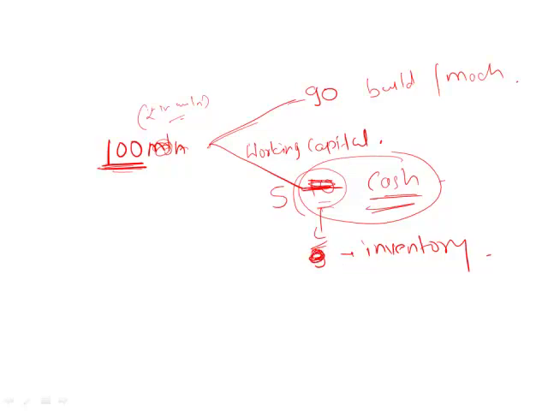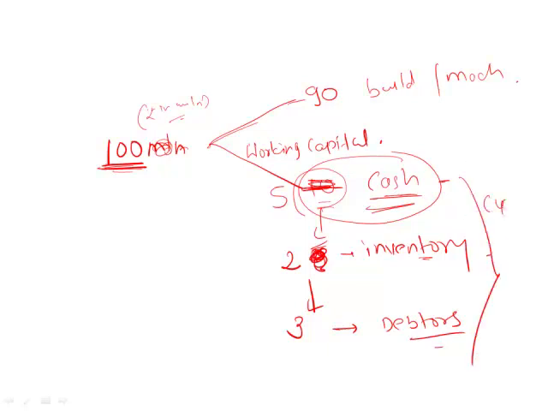So now let's say your inventory is only 2, and you have 3 of debtors now. Why debtors? Because you processed your inventory and sold it, and now you are supposed to receive your money. All these 3 assets, cash, inventory and debtors, are typically called current assets. And generally all other assets we call fixed assets.